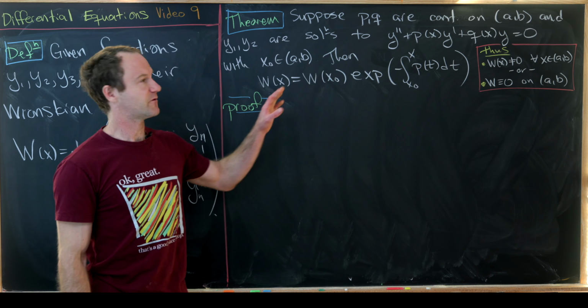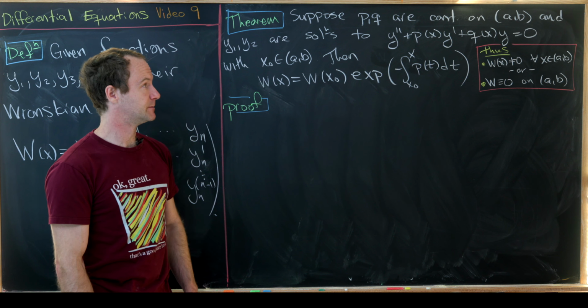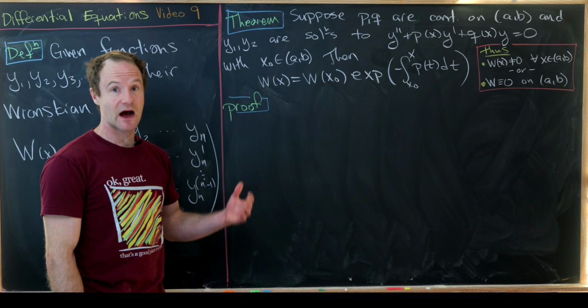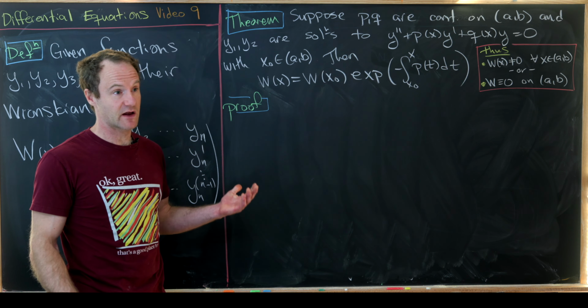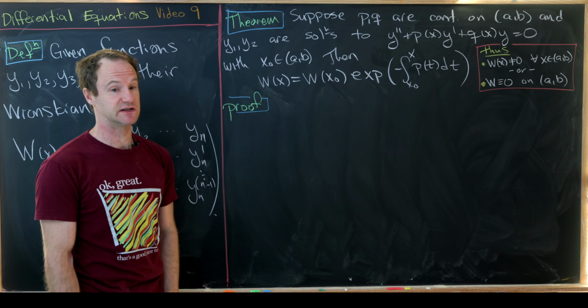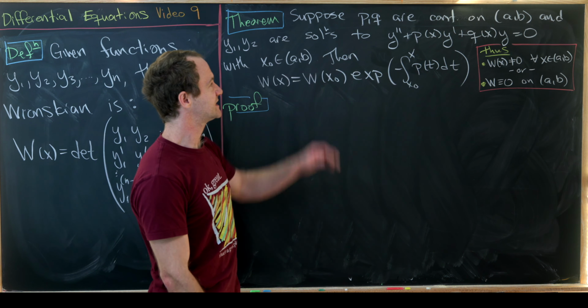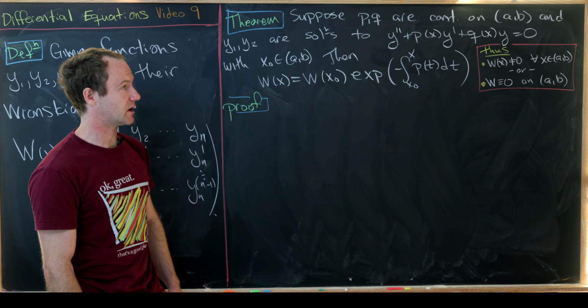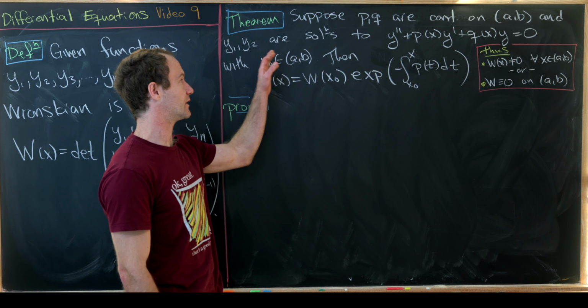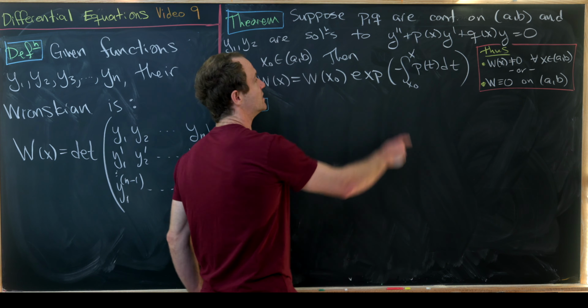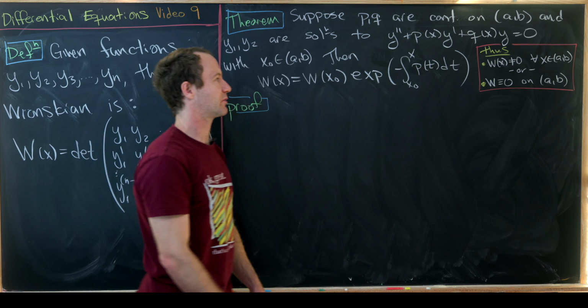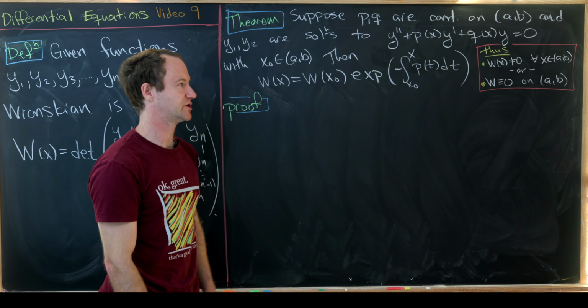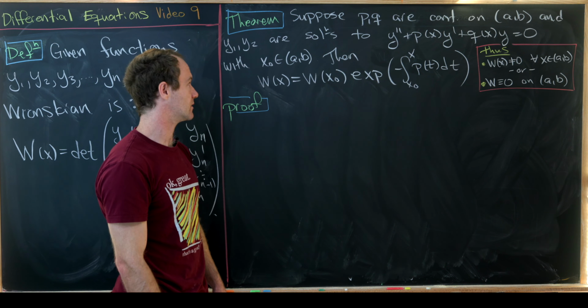Now we have the following really important theorem, which allows us to calculate the Wronskian without actually knowing the solutions to the differential equation. Suppose p and q are continuous on (a, b), and y1 and y2 are solutions to the differential equation y double prime plus p of x y prime plus q of x y equals 0.